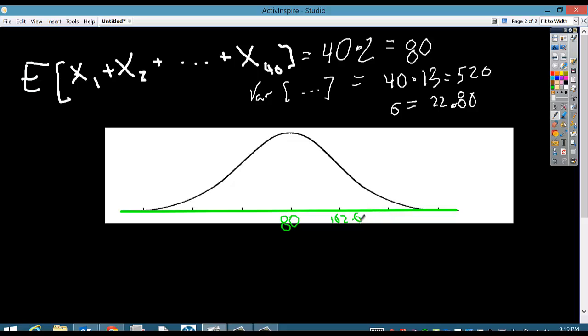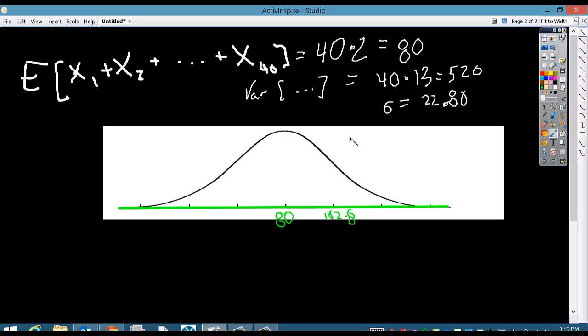Okay, so we want at least $100. So we want to be right here. Let's say that's 100 right there.